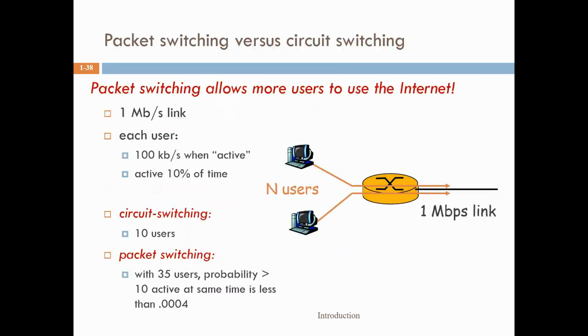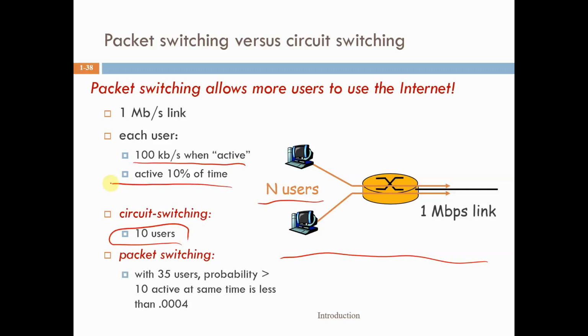Another example just to show you how packet switching significantly improves the capacity of the network over circuit switching. Let's say you have this scenario. You have a 1 megabits per second router that is shared among n users. And so if you have 1 megabits per second, then you have n users, and each user is going to consume 100 kilobits per second when active, then you are going to end up with 10 users no matter what.